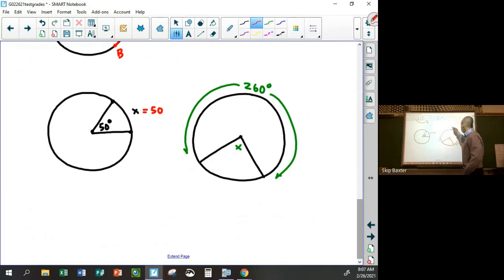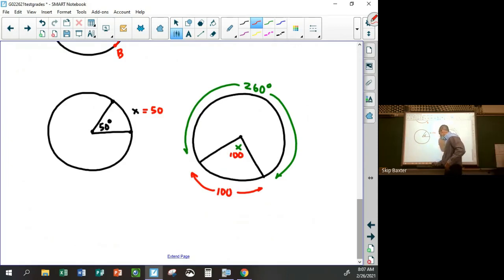Because if that's 260, that means this one has to be 100, because together they have to add up to 360, and the measure of a central angle equals the measure of its arc. So this has to be 100 as well. So you can see all the different types of questions. They're all easy, but that's the idea. 360 degrees worth of arcs, measure of a central angle equals the measure of its intersected arc.